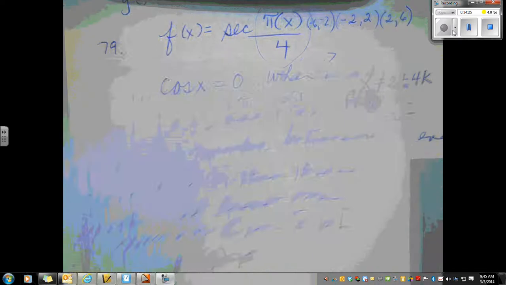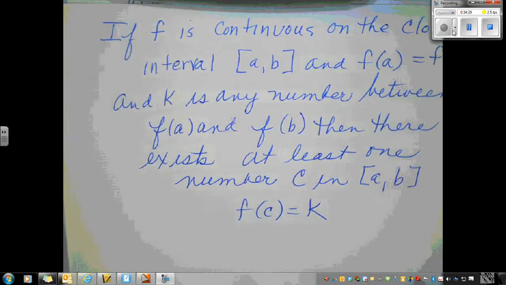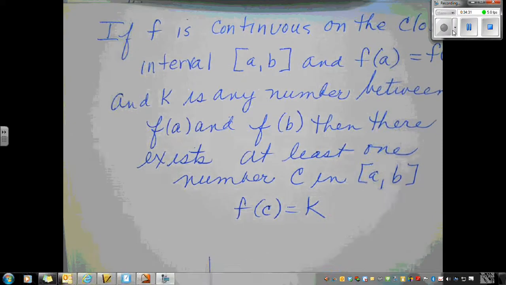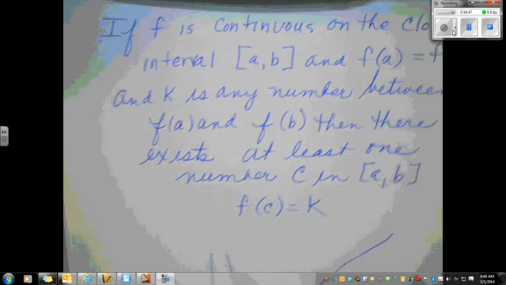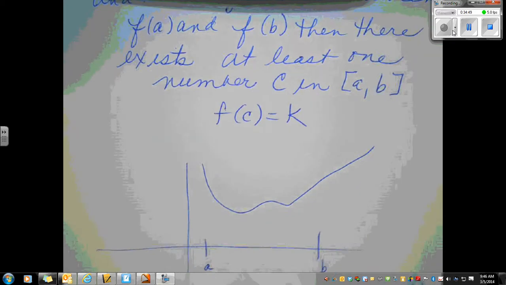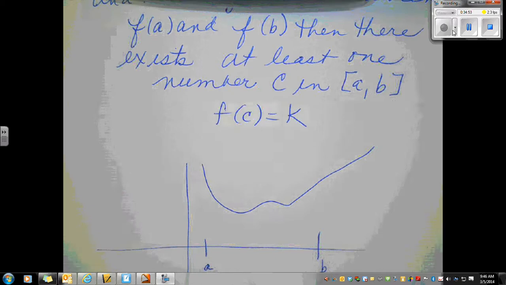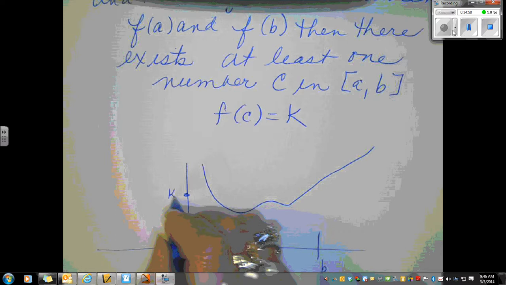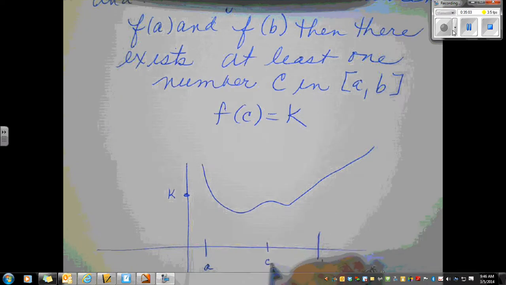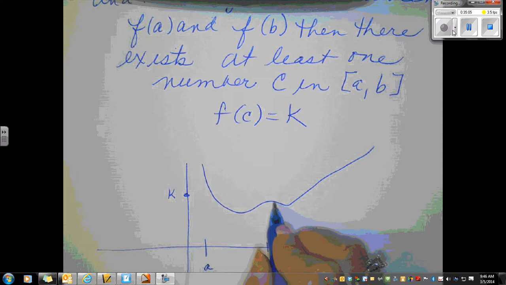Okay, now, here we are. We're on this interval. Here's a, here's b. We're saying that there's some function that's continuous, right? They're saying there's at least one place in here where if I evaluate it, I'll get k.